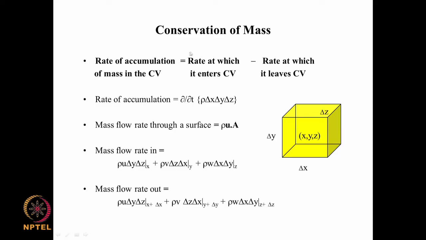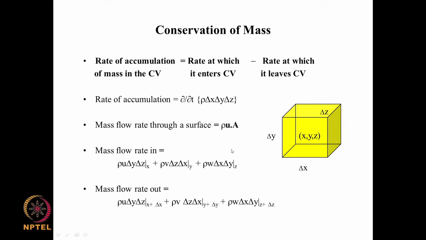Now, we need to find out the rate at which the fluid enters and the rate at which it leaves. If you take a surface here, for example this face here at this point, then the mass flow rate through that surface is given by ρ u · dA, integrated over the entire surface. Here this is a dot product.